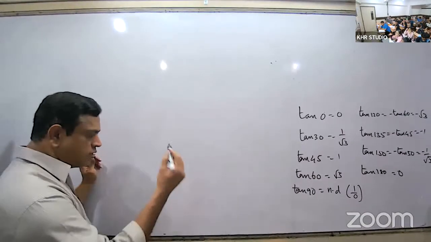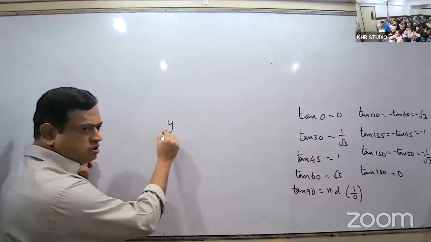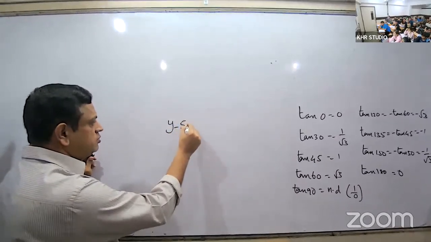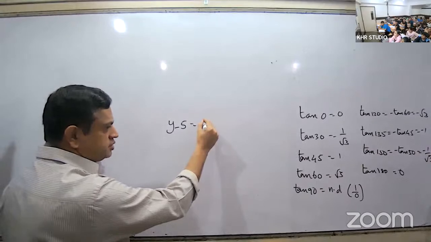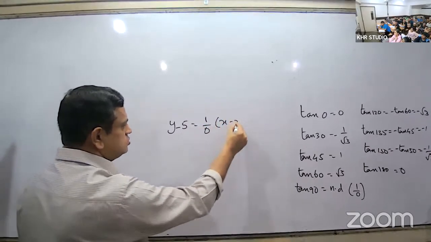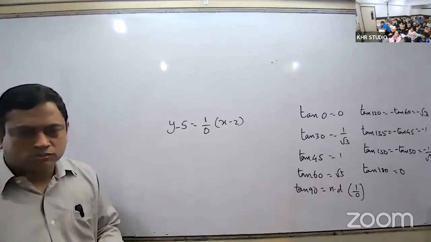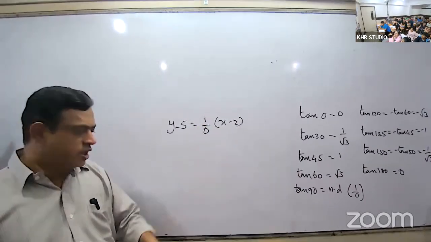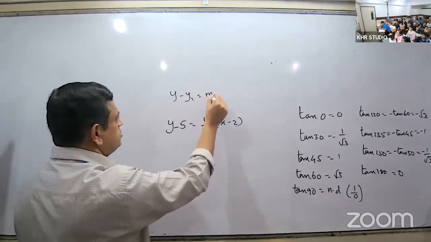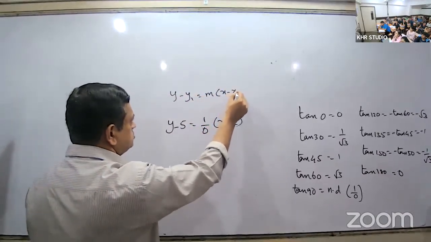For example, suppose if we want to substitute, the equation is y minus 5 is equal to tan theta, which is 1 by 0, into x minus 2. The formula is y minus y1 is equal to m into x minus x1.